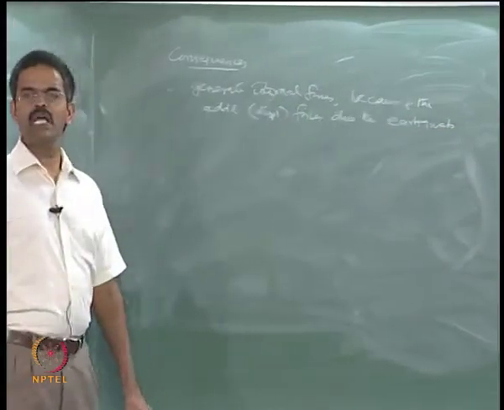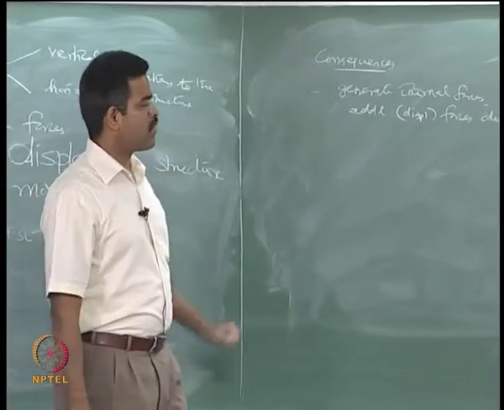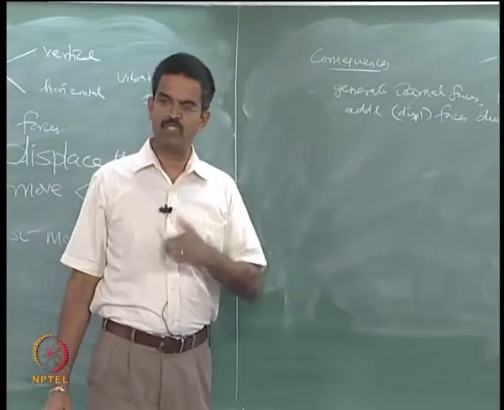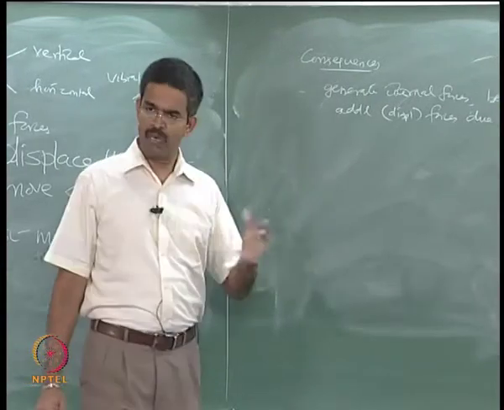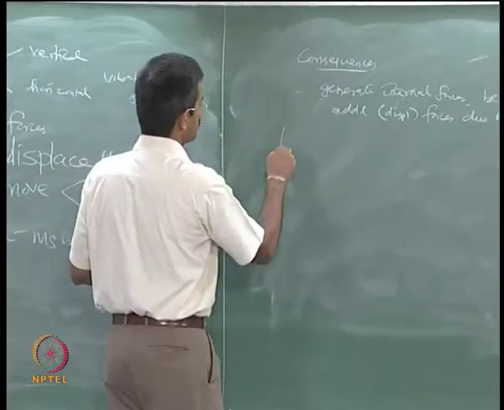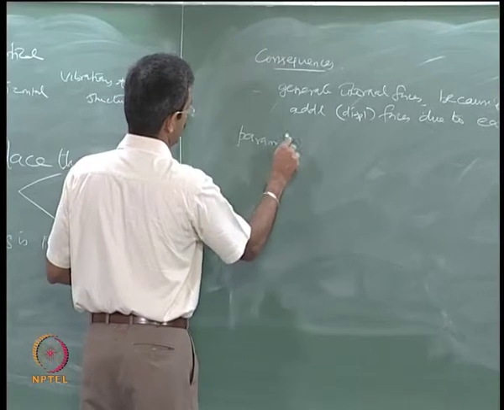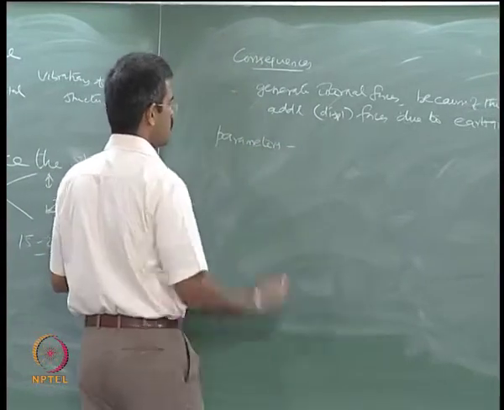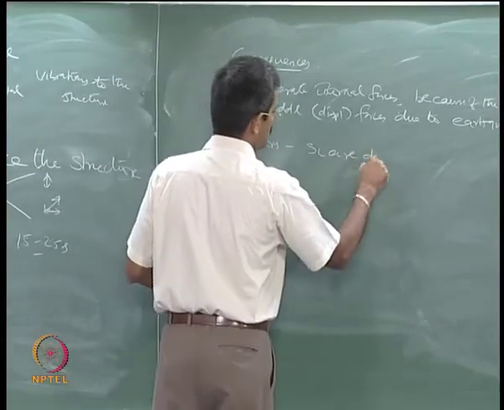Now one may interestingly ask me a question, sir, what are those parameters based on which seismic loads can be computed? So what are those parameters on which seismic loads are dependent?